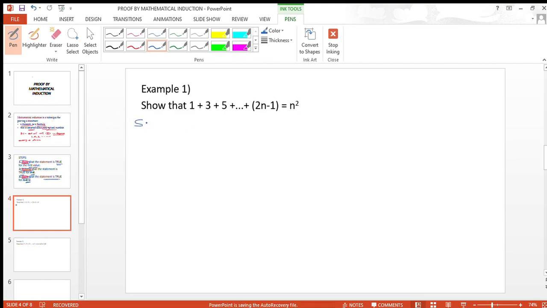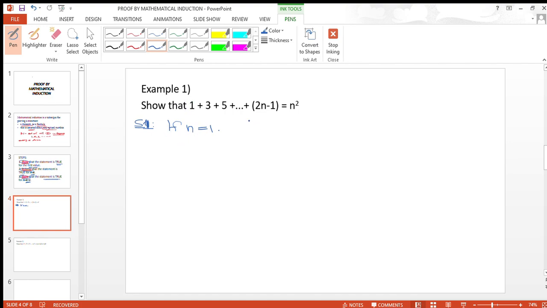What is step 1? Step 1 is, if n is equal to 1. Since 1 is the first entry here, we choose n equal to 1.